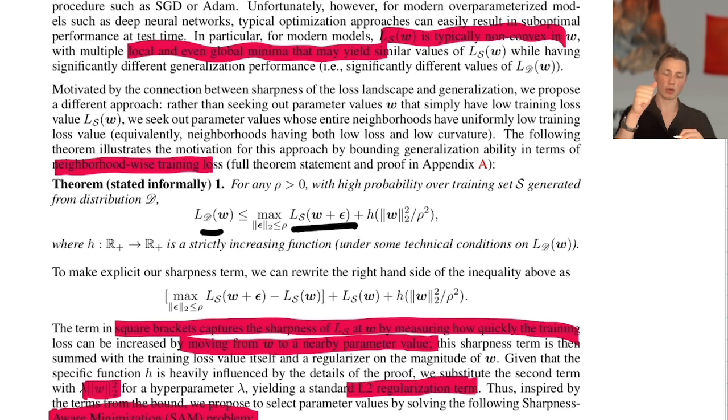So we have our model parameters, and then we have a radius, and we're looking for weights that increase our loss the most, okay? So this is what we are doing here. We want to maximize this. And then we are just adding a regularization term.